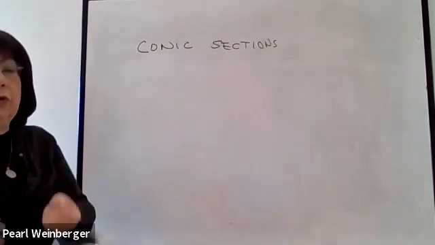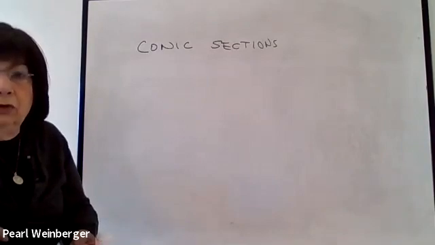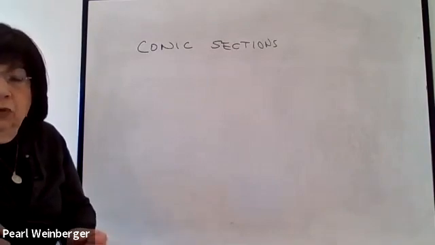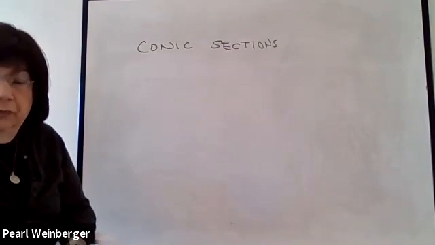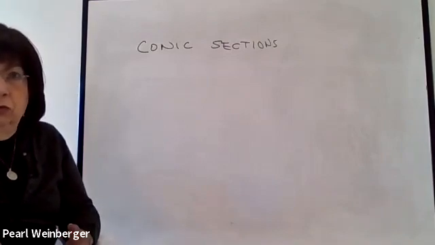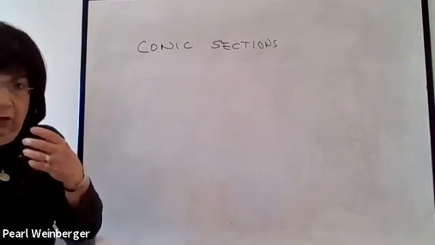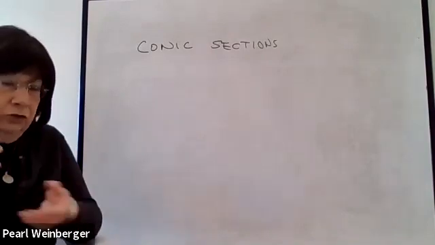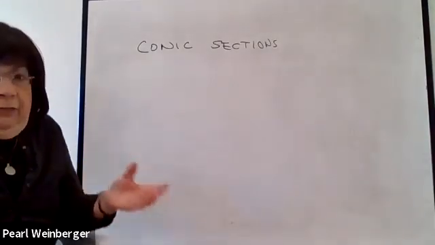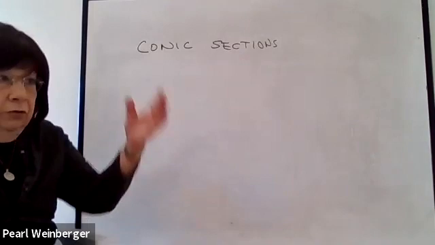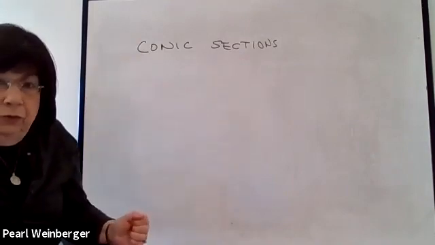So now we're going to talk about what the graph of a quadratic equation looks like. What does the graph of an equation that has an x squared or a y squared in it look like? It can't be a line because a linear equation doesn't have any exponents.